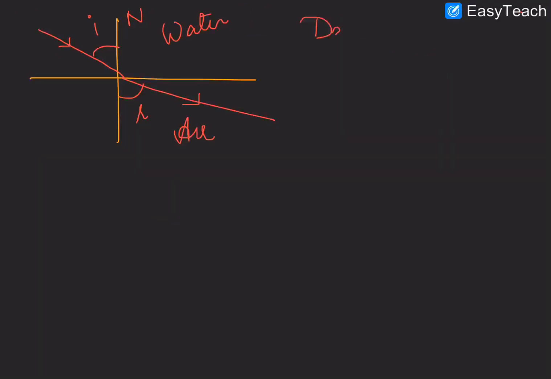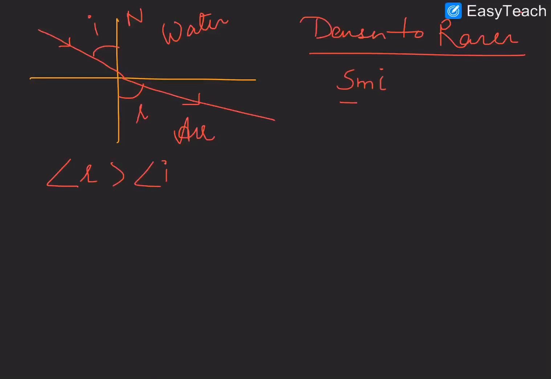Similarly, you can understand that when the light is traveling from denser to rarer medium, why does it bend away from the normal? Why is R greater than the angle of incidence? Again, you will use Snell's law, sine I by sine R, which will be written as mu, which is equal to c by v.